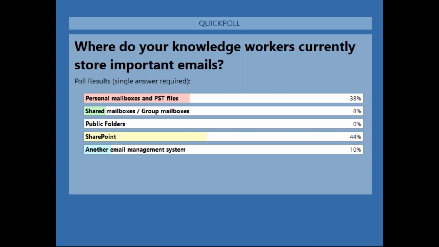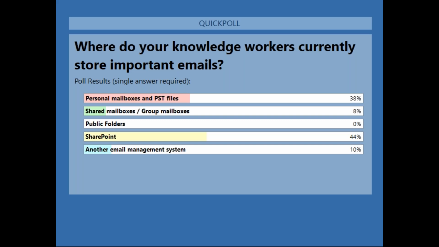Thank you. So it seems to be a reasonable split between basically your own mailbox or PST file and SharePoint. And I think historically people have been doing that in their mailboxes and PST files, which is obviously not the ideal place to be storing important emails because they're tied just to the recipient, basically.